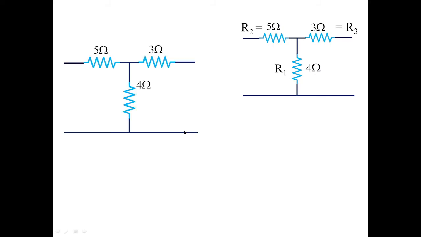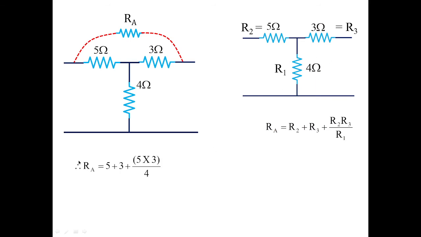I'm naming the values of the resistors R1, R2, R3 for easy understanding. And I'll obtain the resistance which can be placed between 5 and 3 as RA. The same formula we employed for RA in the shortcut technique, we'll follow that. RA is equal to R2 plus R3 plus R2 into R3 by R1. Here R2 is equal to 5 ohms, R3 is equal to 3 ohms, and R1 value is 4 ohms.